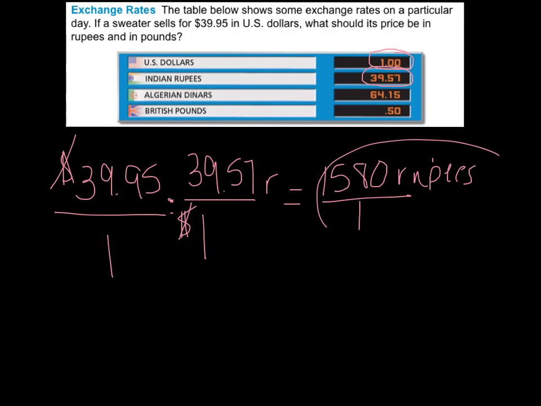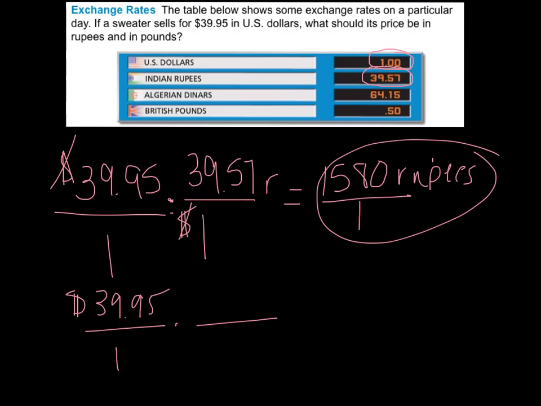All right, now let's go to pounds. We're going to start the same. So I have $39.95 for one sweater, and we're going to do pounds now. We know that for every $1 is half a pound. So my dollars are going to go in the denominator.